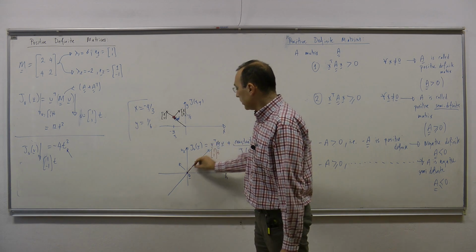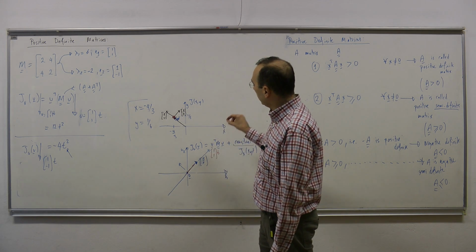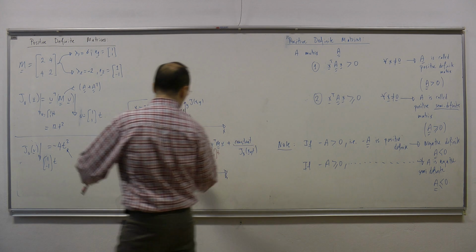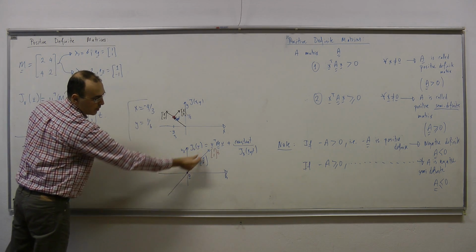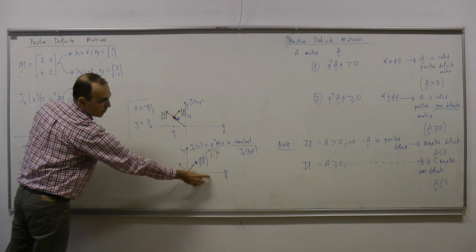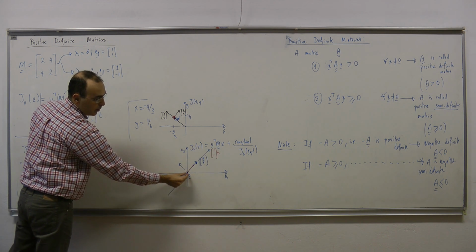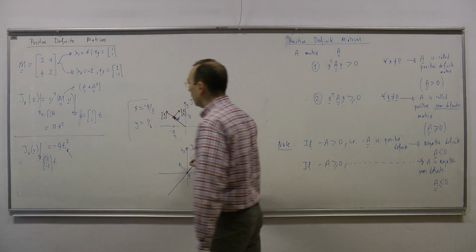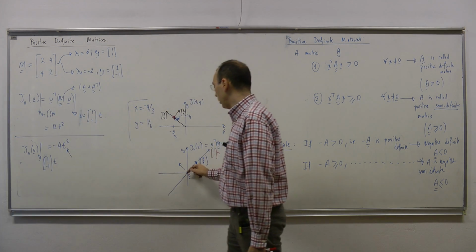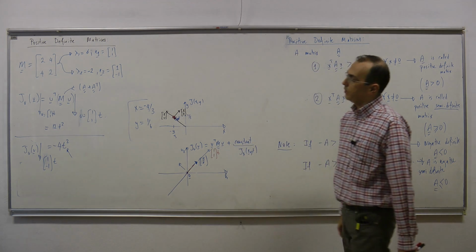So along this line, it's increasing. And over this line, indeed, this is a minima. If you are fixing your domain to this line on this plane, then indeed origin is the minima. Because if you go in this direction, you get an increasing function. You go in the other direction, you get an increasing function, and so on.